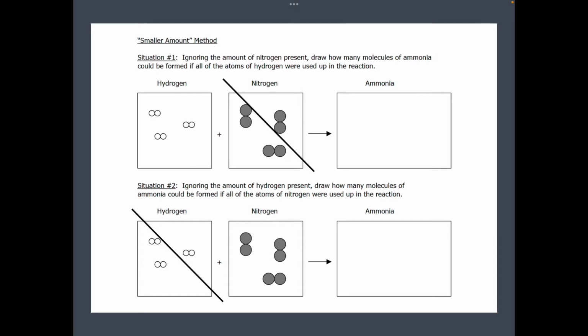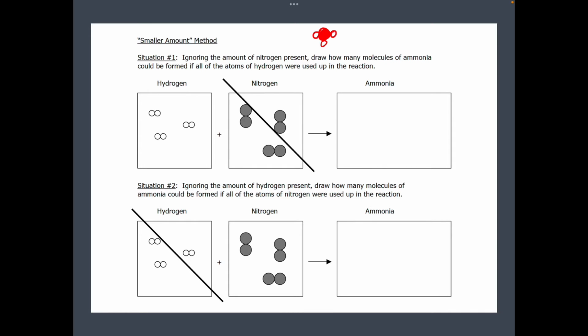Just using the amount of hydrogen that you have here, how many ammonia molecules could you form? Remember, ammonia looks like this. You would have your solid nitrogen, and then you would have your 3 hydrogens. So just thinking about the amount of hydrogen, how many ammonia molecules could we form?